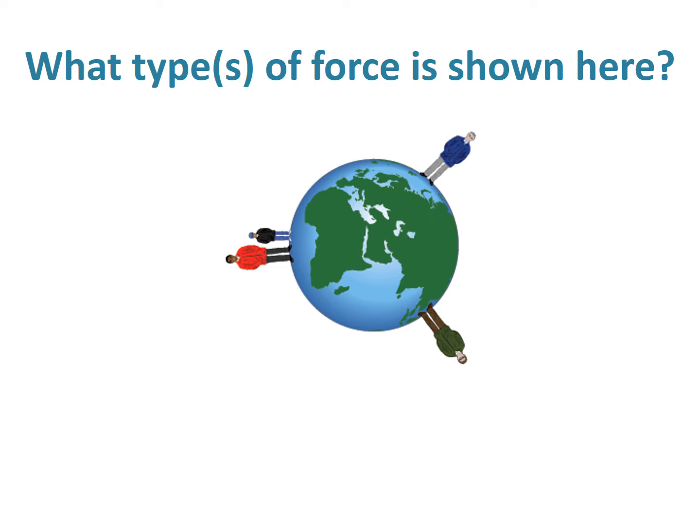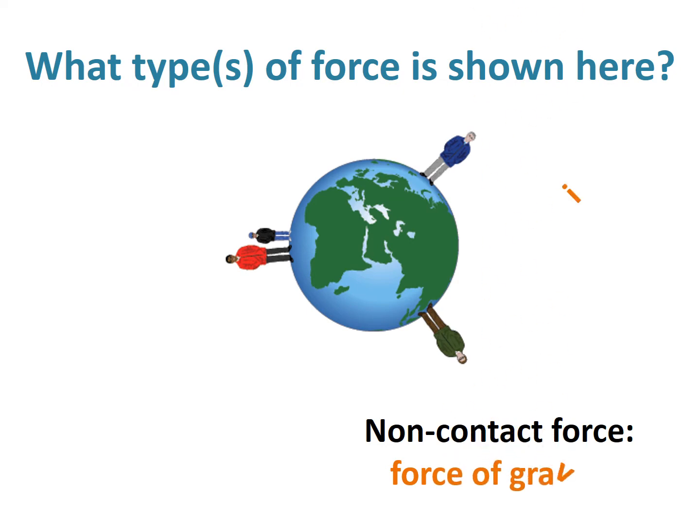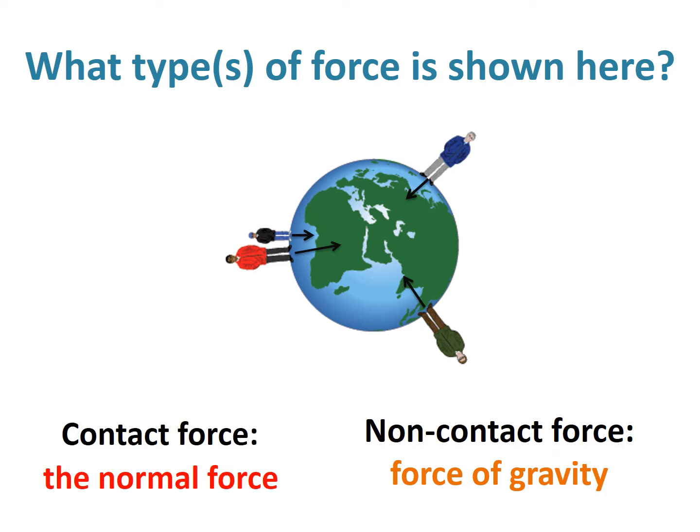And what do we have here? Non-contact force, known as the force of gravity again. And a contact force, which is the normal force. All of these we have discussed before in the lab one way or another.